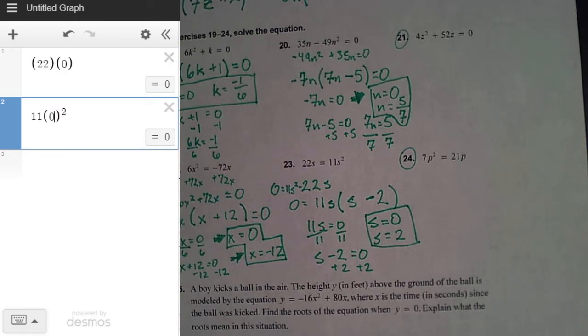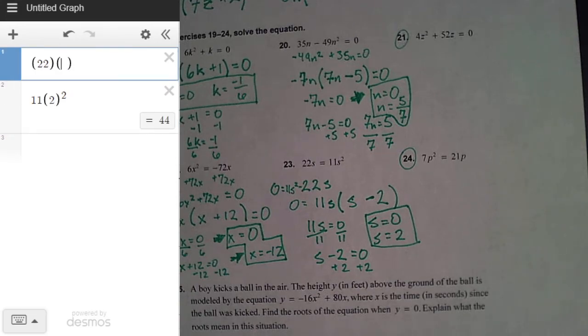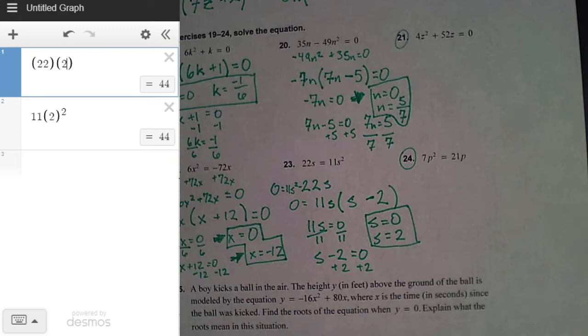And then let's check when s equals 2. We have 22 times 2 is 44, and 11 times 2 squared is also equal to 44. So we see that the answers 0 and 2 satisfy that equation because both sides would be equal to each other. So just some quick checks there.